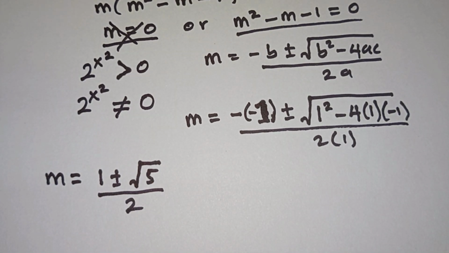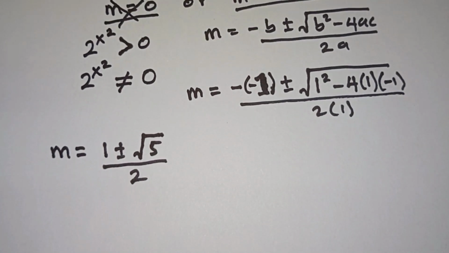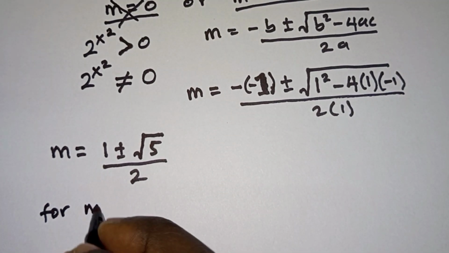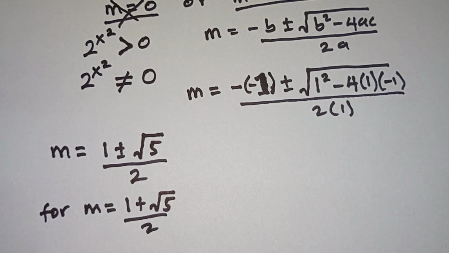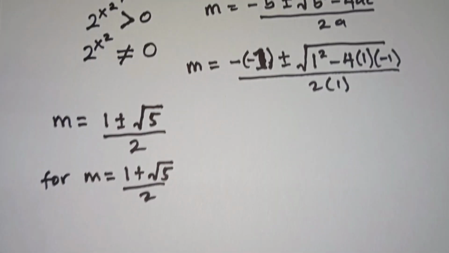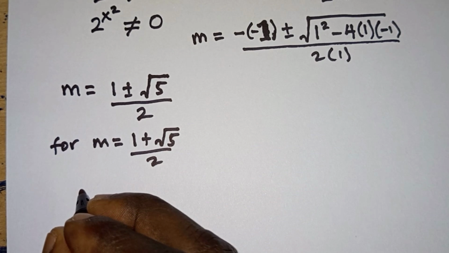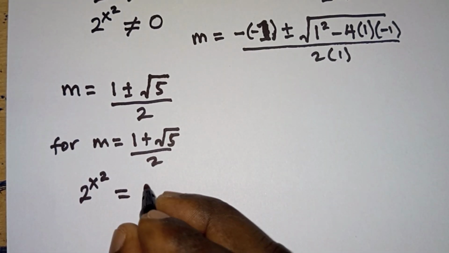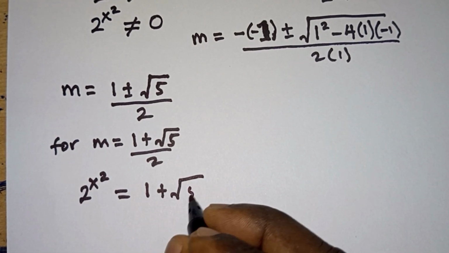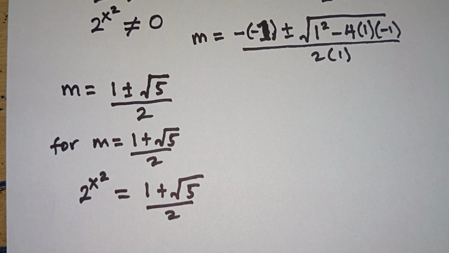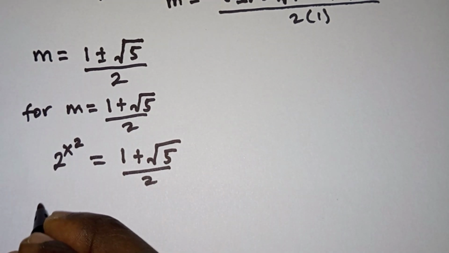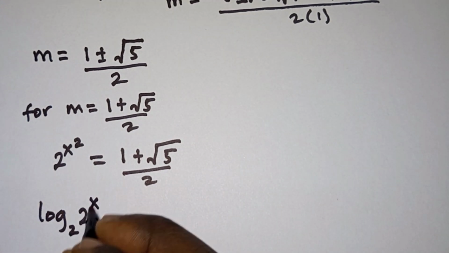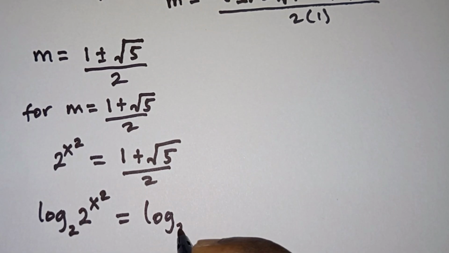Now let's consider when m is equal to 1 plus square root of 5 divided by 2, right? So with this one, we're going to have 2 to the power x squared is equal to 1 plus root 5 divided by 2. Now from here, let's go ahead and then introduce log in base 2 on each side of the equation, right?